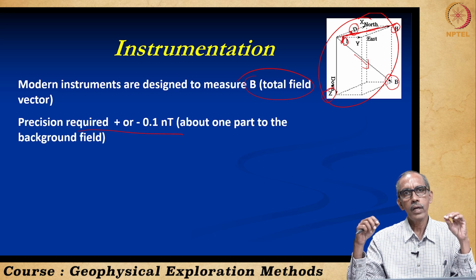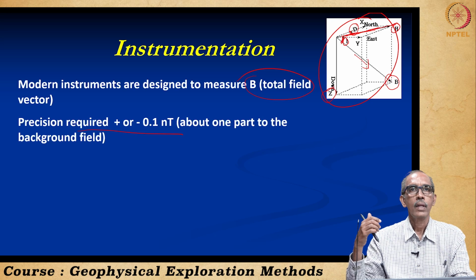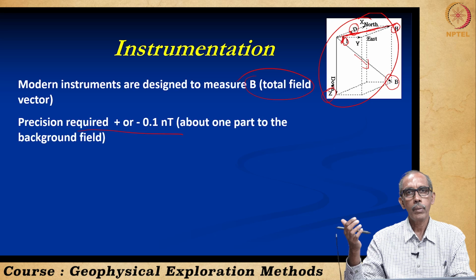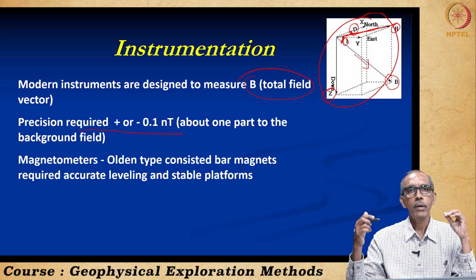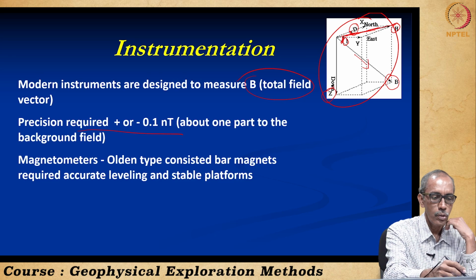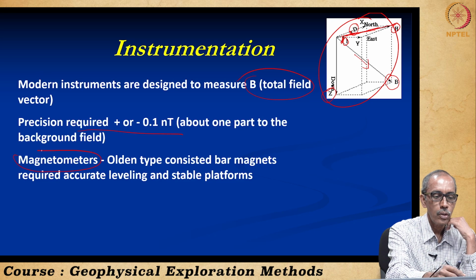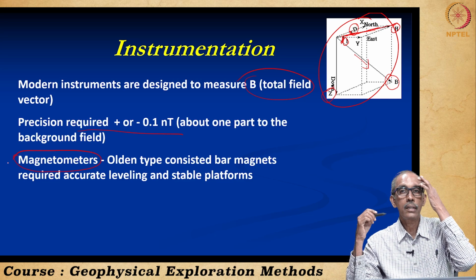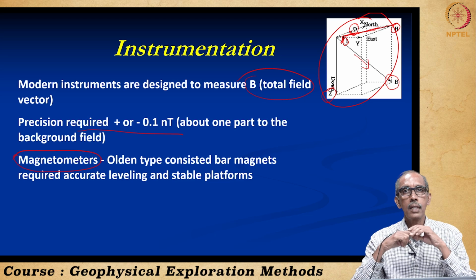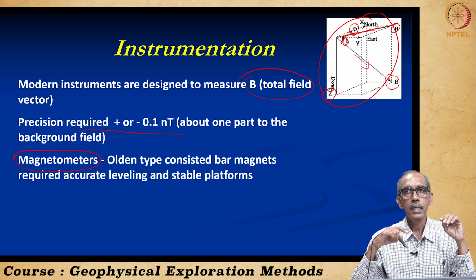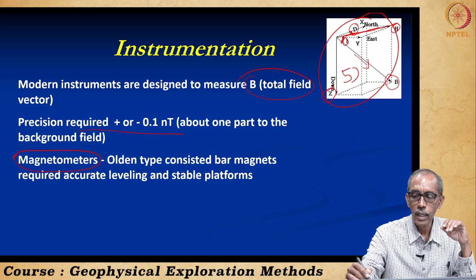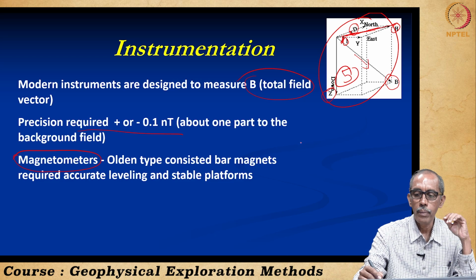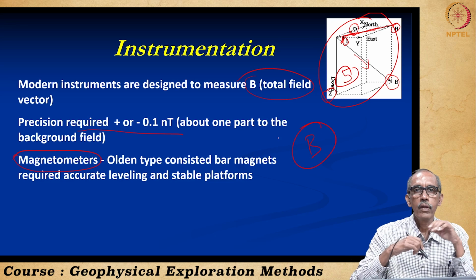Hence, in order to differentiate all this, we need to have a very accurate instrument with a precision of about 0.1 nanotesla. And the name of the instrument which we are going to use here is magnetometers. So, magnetometers are the instruments that are going to be used to measure any one of the 5 components which is shown in this figure. Most of it will measure the total field vector.